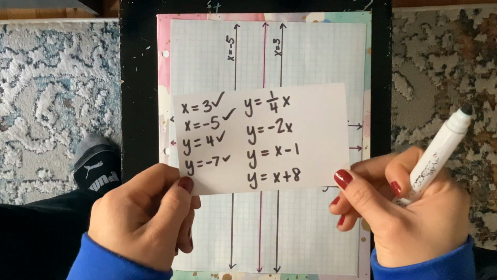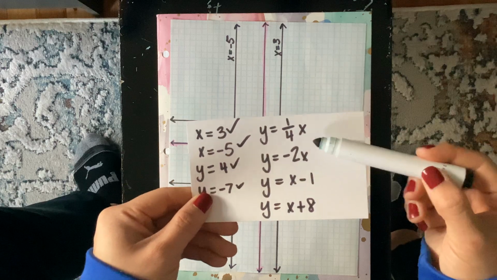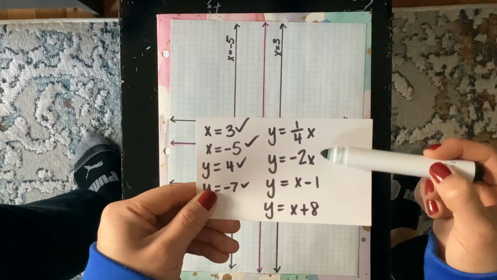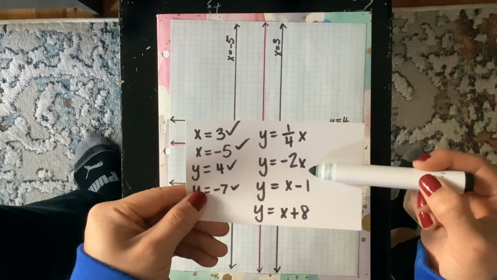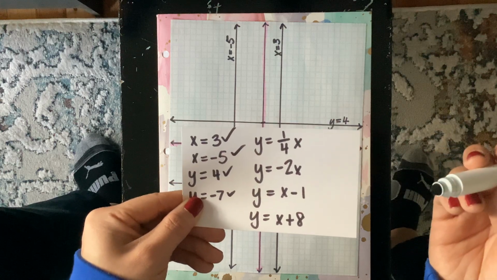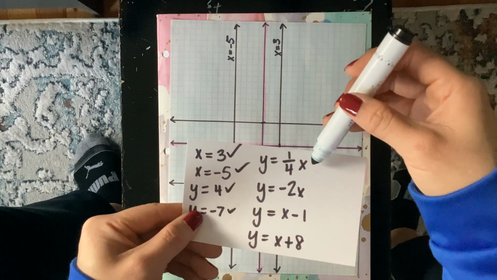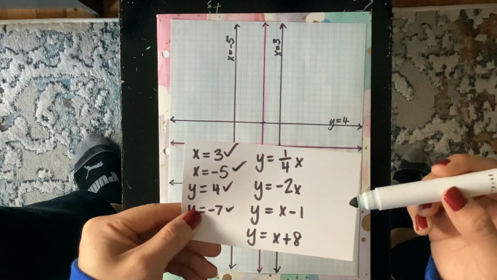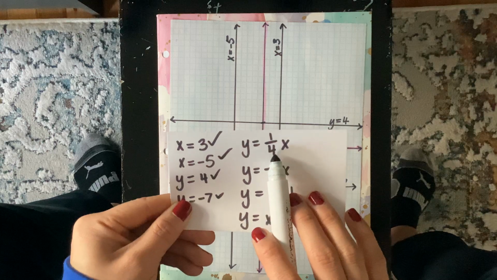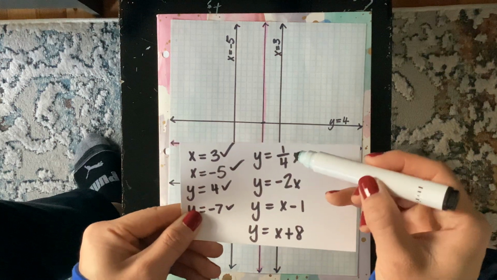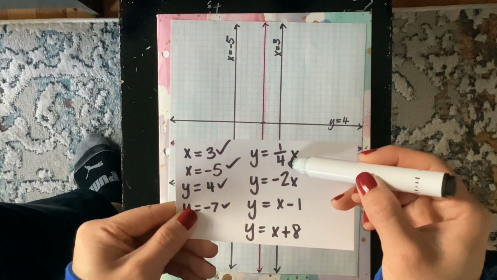Okay, now these functions are going to be a little bit different. These top two are proportional because it is a multiplication or division rule, and it follows the equation y equals mx. That m is our slope. So I'm going to graph this first one, y equals 1/4 x. That means this is going to be a rise of 1, a run of 4.